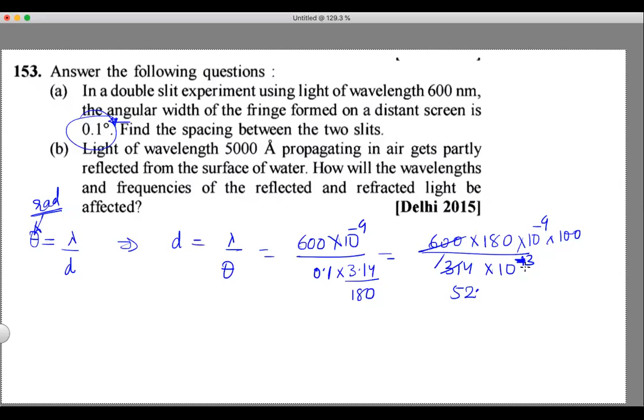So 10 by 3 into 10 raised to the power minus 5, which is 3.3 into 10 raised to the power minus 5 meter.